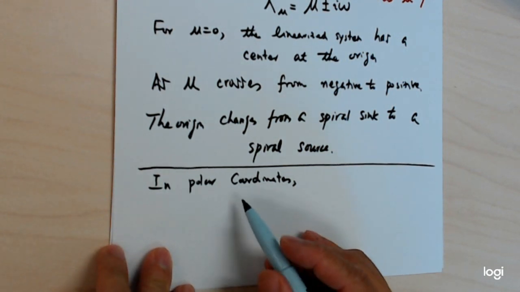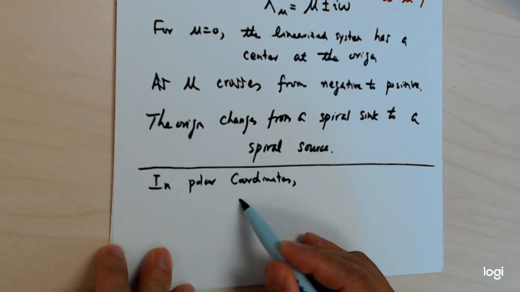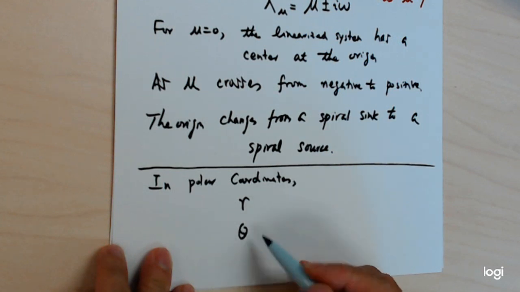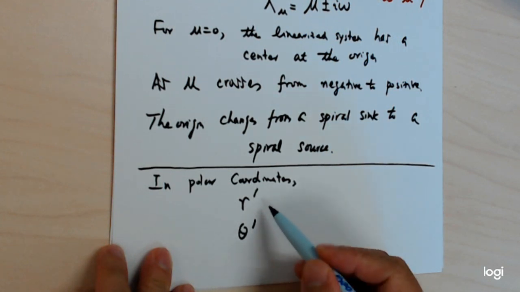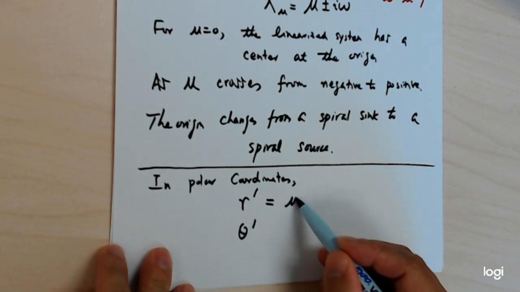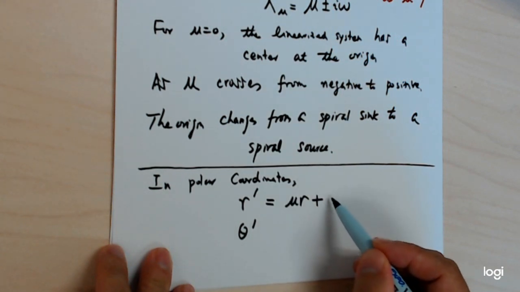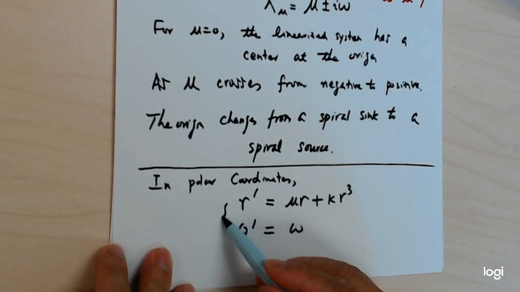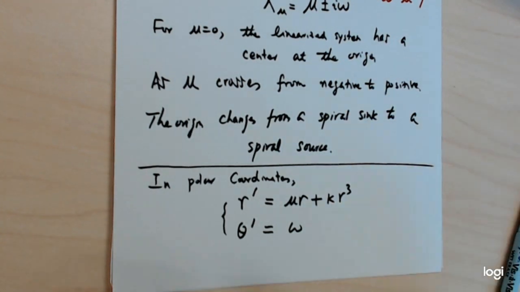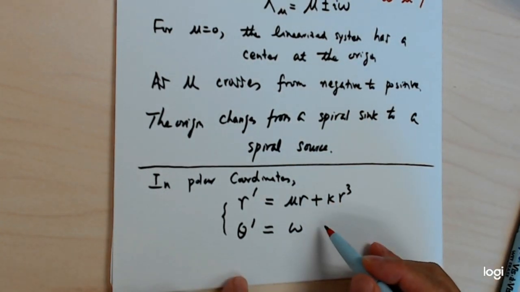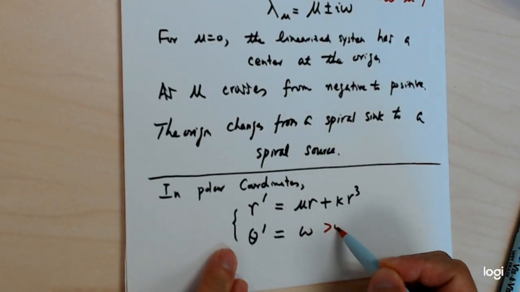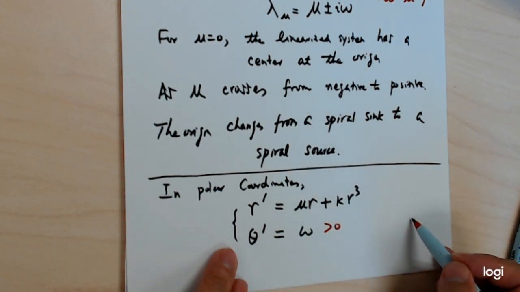In polar coordinates, there is this r, which is a function of t, and this angle theta, which is also a function of t. We take the time derivative: r prime turns out to be mu r plus k r cubed, and theta prime turns out to be omega. So theta prime really refers to how the point is moving. The fact that omega is positive means theta will always increase. In other words, the point will always move counterclockwise.